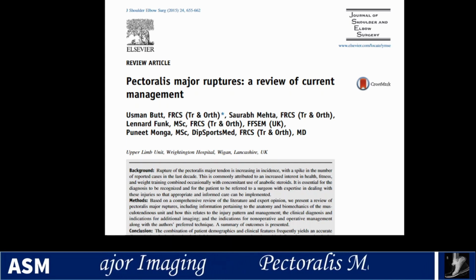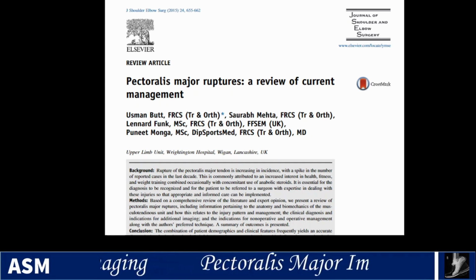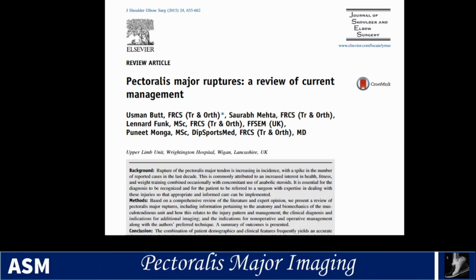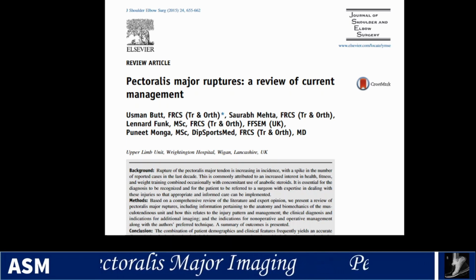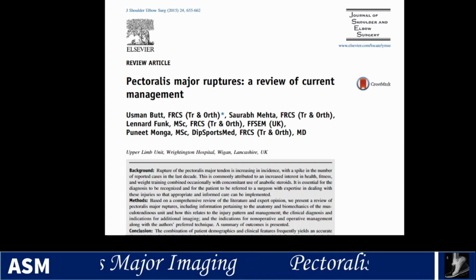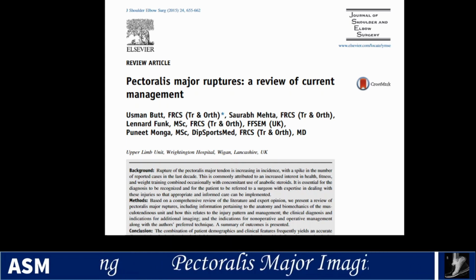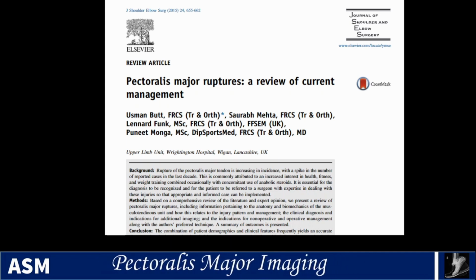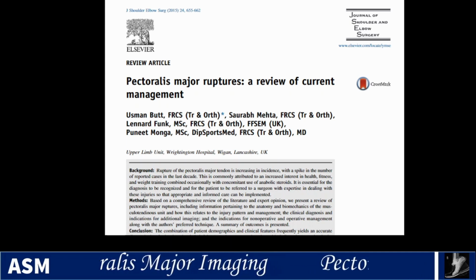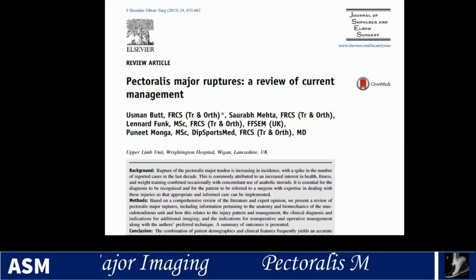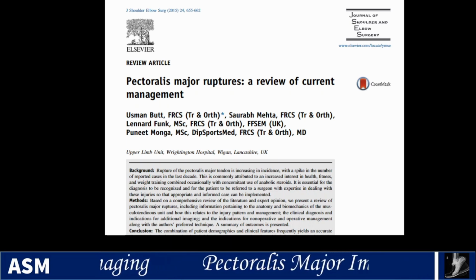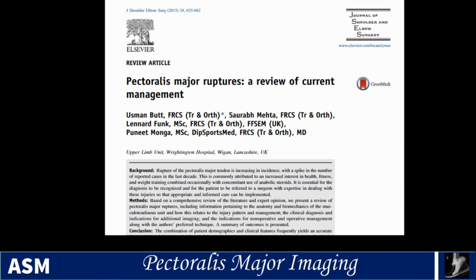You want to describe where you're seeing the injury on MR, and then you also want to try to get an idea of how much of the tendon cross-sectional area is involved. And so you're going to have to use your axial and your coronal or sagittal planes to try to get an idea. There's not an exact number, as far as I'm aware of, that surgeons look at to say this is the threshold for surgery and this is below threshold for surgery.